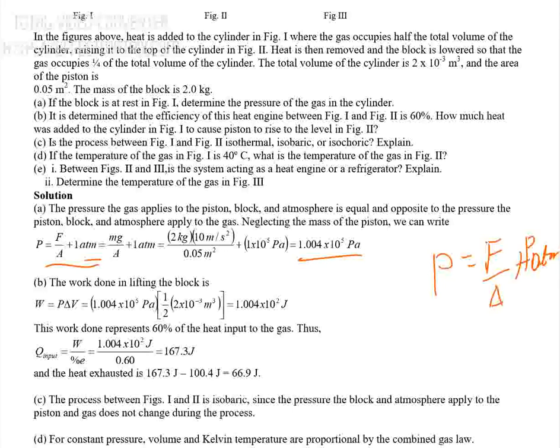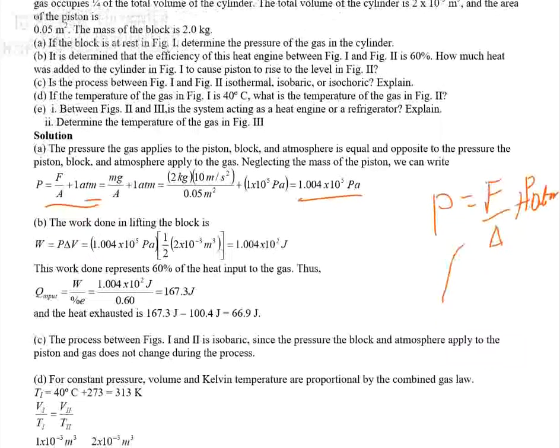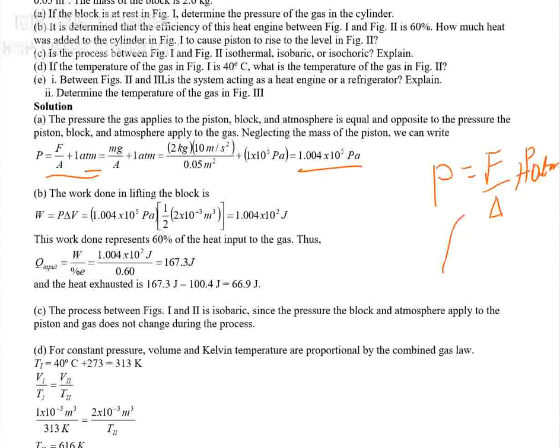In B, it is determined that the efficiency of this heat engine between 1 and 2 is 60%. How much heat was added to the cylinder? If the efficiency is given in figure 1 to cause the piston to rise to level 2, or in figure 2, first we must determine what? The work done by the increase in volume.